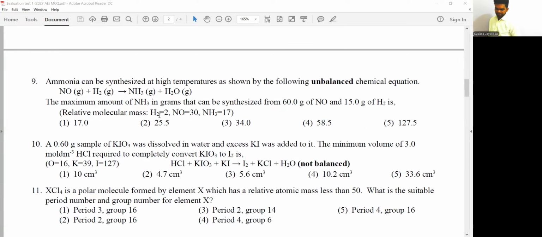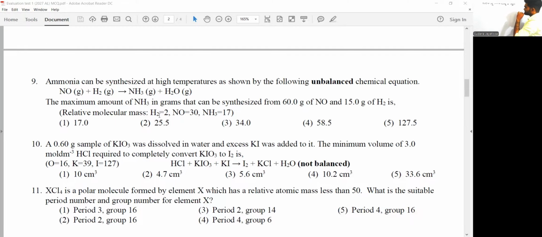The ninth question. Ammonia can be synthesized at high temperatures as shown by the following unbalanced chemical equation. NO reacts with H2 to form NH3 and water. First of all, we need to balance this.